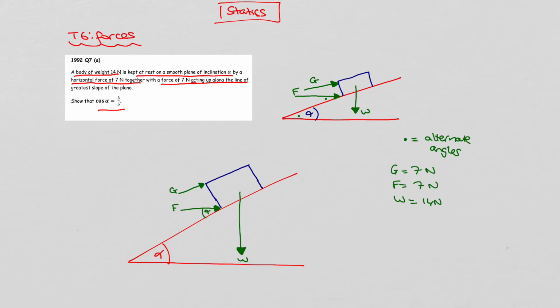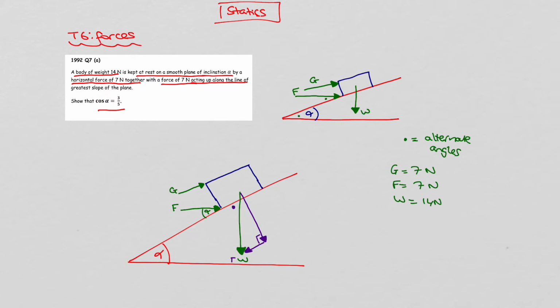For weight, I need perpendicular to the surface and parallel to the inclined plane, and therefore that's my right angle. Your parallel and perpendicular components are always at 90 degrees to each other. If I look at the triangle to the left, I have alpha, 90, and this angle here.